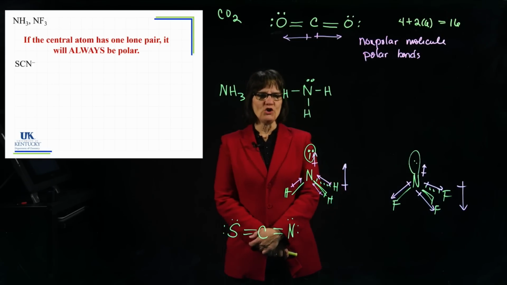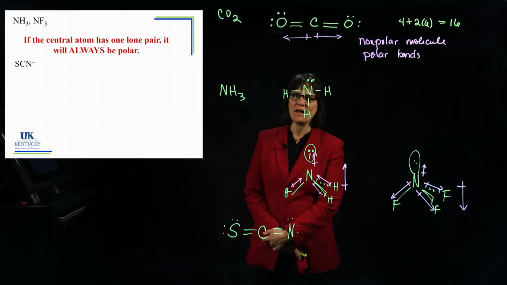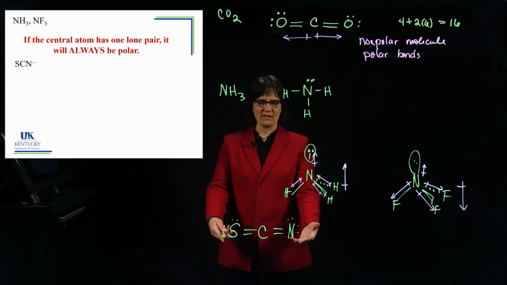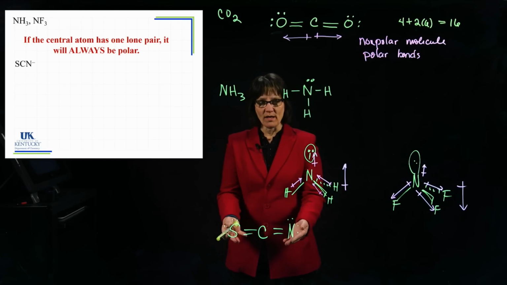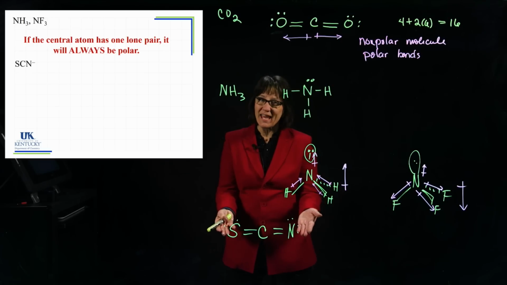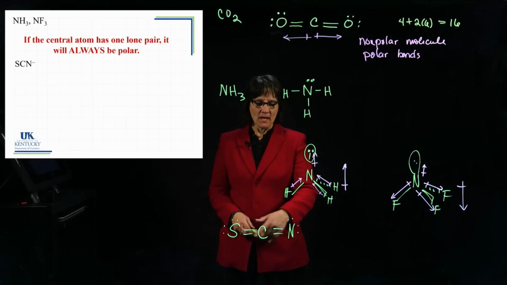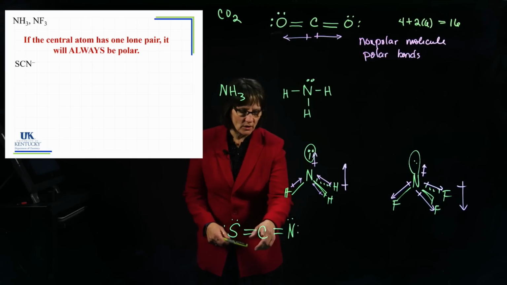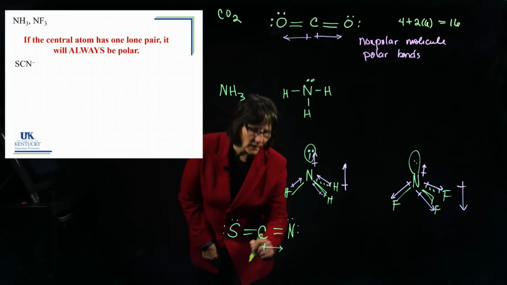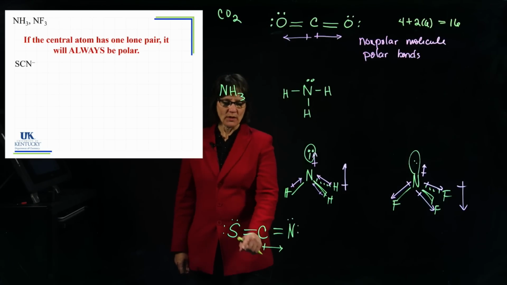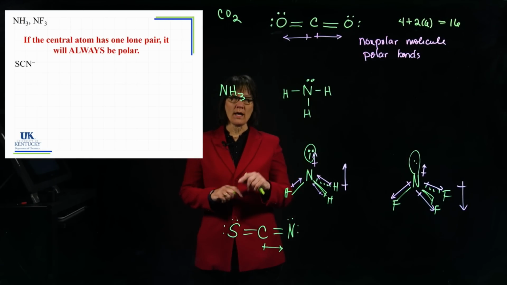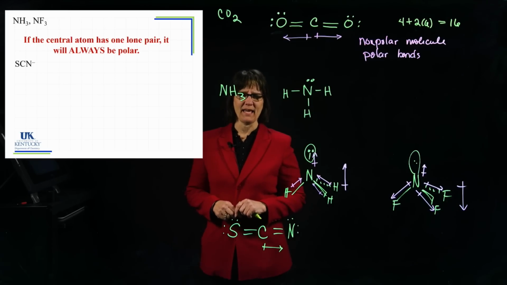Now, one of the things that you need to know about doing this is you don't have to draw all the resonance structures. You don't even have to draw the best resonance structure, but you have to draw a resonance structure. All of the different resonance structures would have the same shape, so it really doesn't matter. Now, for this one, between carbon and nitrogen, nitrogen is more electronegative. Between sulfur and carbon, the more electronegative one is hard to say.